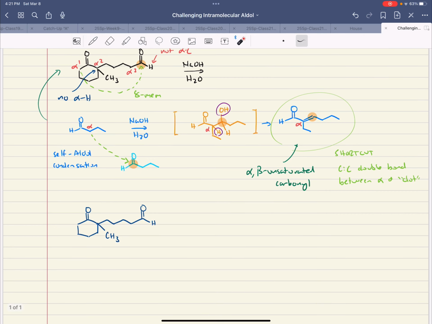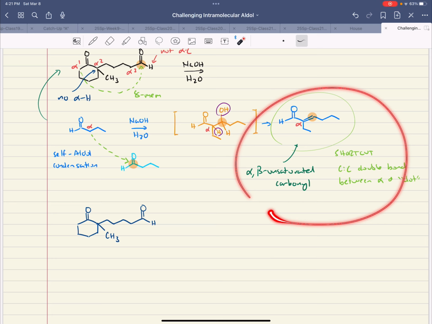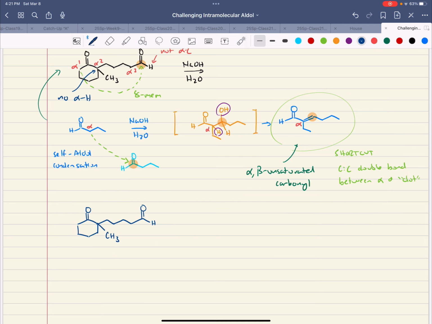So knowing this, you know this before going into the quiz or the exam. Let's apply that to this, okay? We assess the alphas, alpha 1, alpha 2, and we determined it would be alpha 3. With alpha 3, we are going to attack this carbon here, and we're going to put the dot. There is a double bond between the alpha 3 and the dot in the final product.